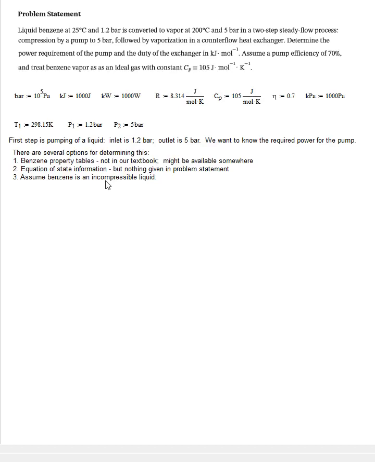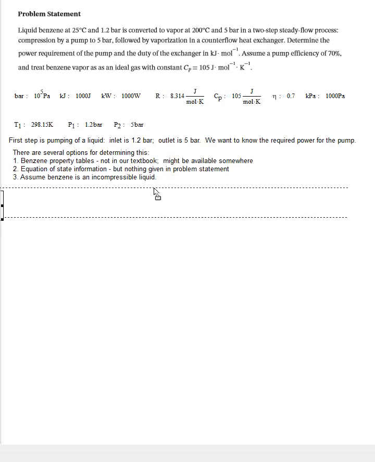Earlier we worked a problem with water, and we saw that when you're pumping water and you're not doing huge pressure drops, treating water as an incompressible fluid gave us the exact same answer to 3 or 4 decimal points as if we assumed an isothermal compressibility and volume expansivity used in the equation of state. So what we're going to do here is take the simplest approach, and that is assume that benzene is an incompressible liquid.